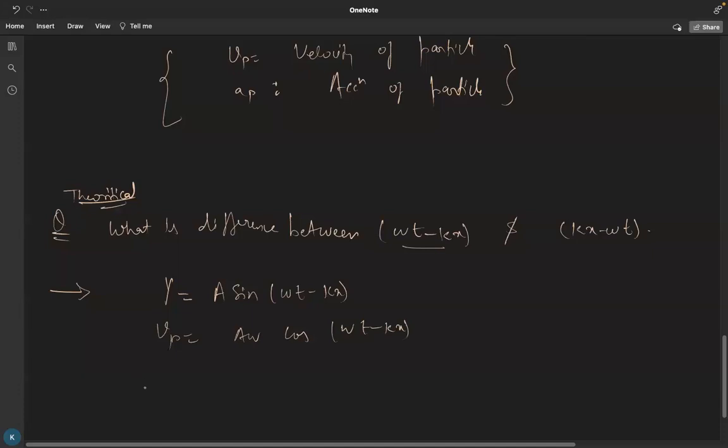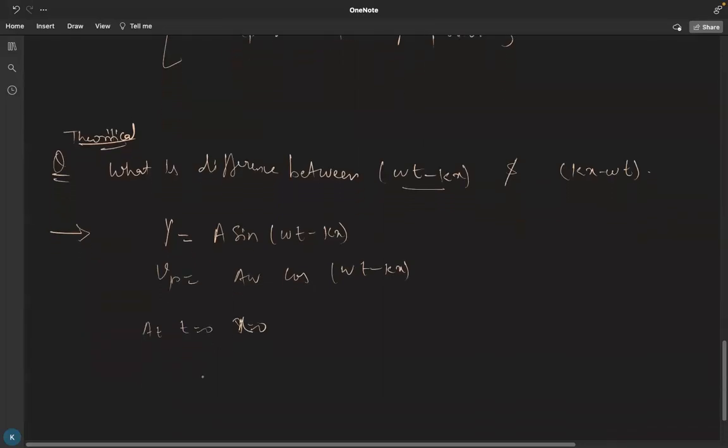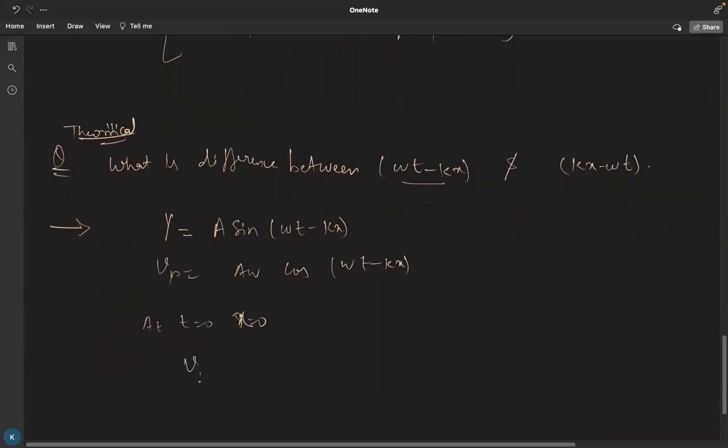At time t is equal to 0 and x is equal to 0, y is 0, and the velocity of particle is a omega, the maximum velocity. Since it is positive, it will be in the upward direction.